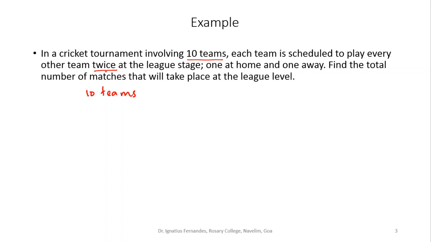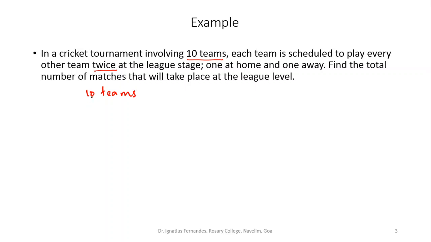Now for a match to happen, we basically require two teams. So the number of matches that will take place will be the same as the number of ways I can select any two teams out of these 10. We are only trying to select two teams here, so we'll use combinations.